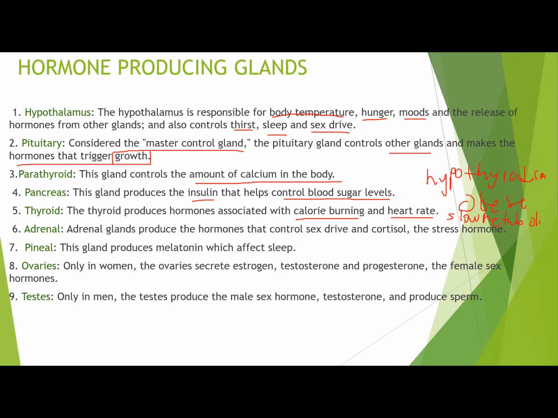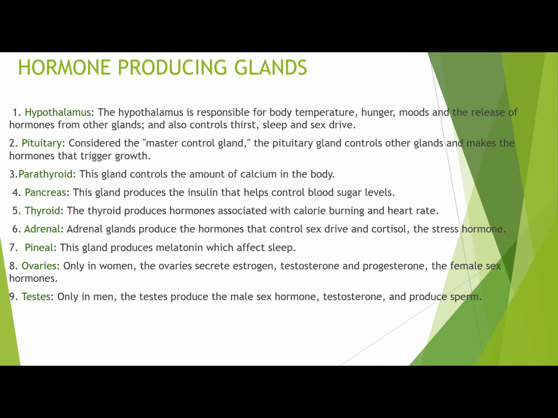You easily gain weight. And then we also have the adrenal glands, which produce the hormones that would control sex drive and cortisol, the so-called stress hormone. Then we have the pineal gland, which would produce melatonin, class, which is very important in sleep.